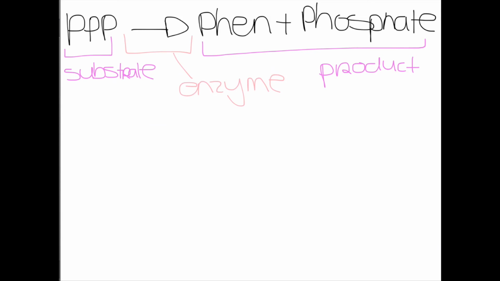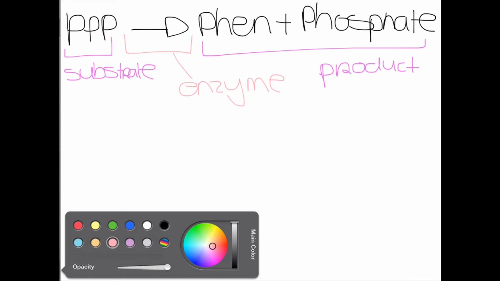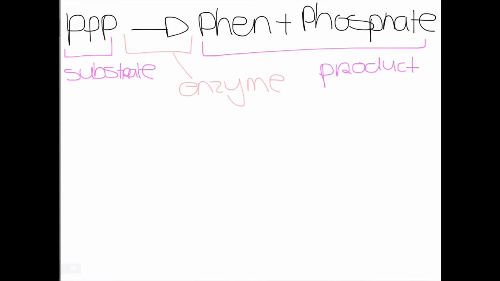Okay, so the different things that they might throw at you is they might ask you about concentration of the substrate. And what's that? All that means is it's the amount of substrate that you have.